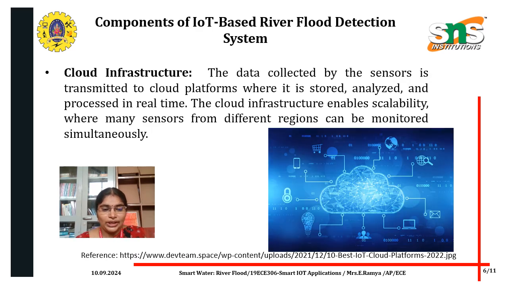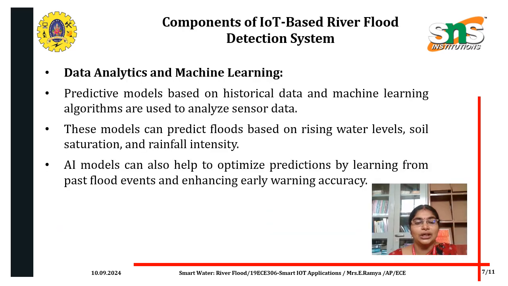Next important thing is the cloud infrastructure. The data collected by the sensors is transmitted to the cloud platform where it is stored, analyzed and processed in real time. I hope you understand the role of cloud infrastructure. The next component is data analytics and machine learning.